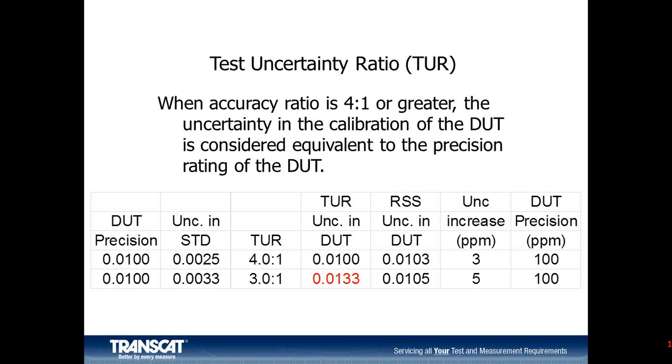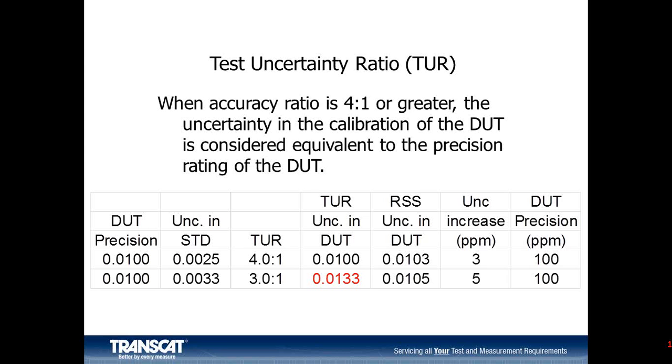If that's what you have, it's not uncommon to state that the uncertainty in the device under test is 4 times the uncertainty in the standard. Well, that's not really a fair assessment, although I will say I have encountered that numerous times. It's really a misimplementation of the intent of this ratio guideline.